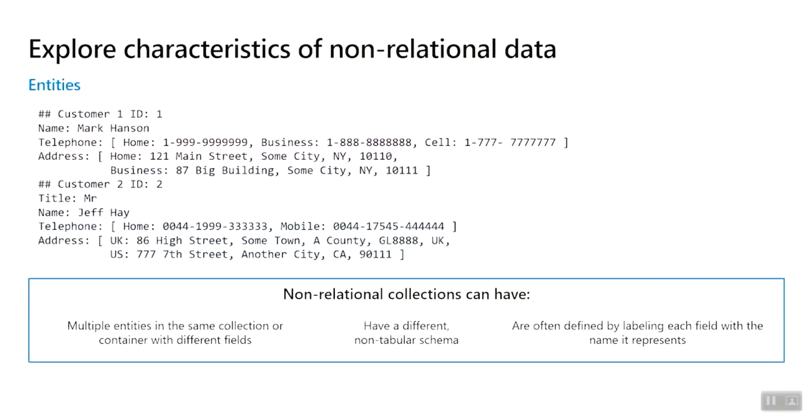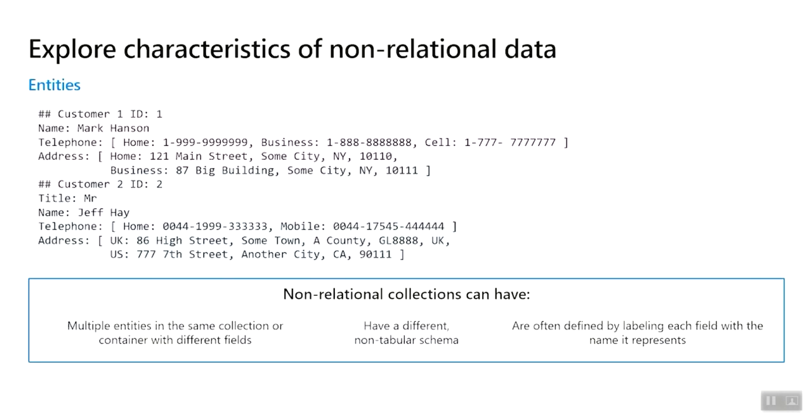This lack of fixed schema means that each entity can be self-describing. Often this is achieved by labeling each field with the name of the data that it represents. For example, a non-relational collection for customer entities might look something like this.